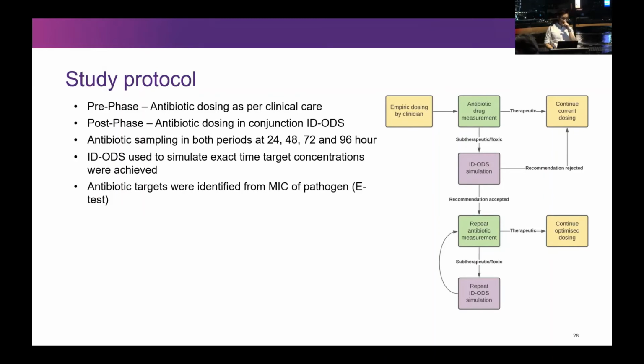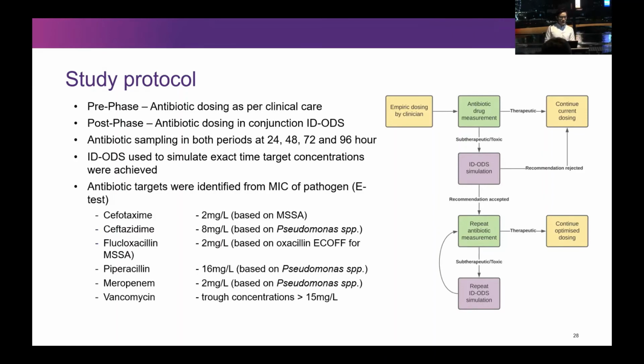Antibiotic targets were identified from the MIC of the pathogen, as I said, using an E-test where available. And if it wasn't, we used the clinical breakpoints, which were essentially the EUCAST clinical breakpoints. Now, the analysis was done in antibiotic events as opposed to patient numbers, primarily because some patients were on more than one study antibiotic, so we elected to analyze each antibiotic as its own individual event.